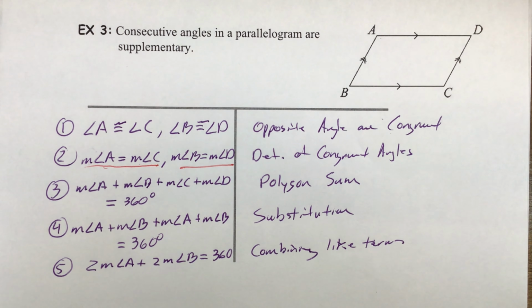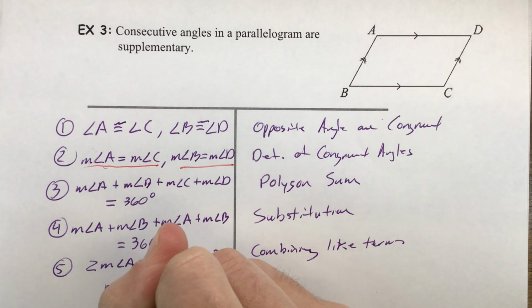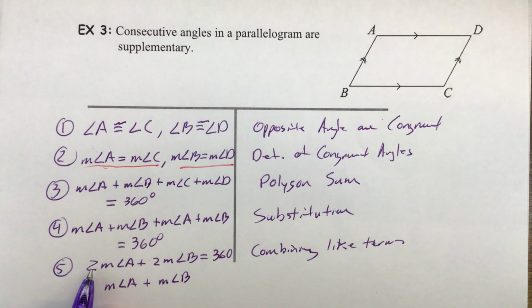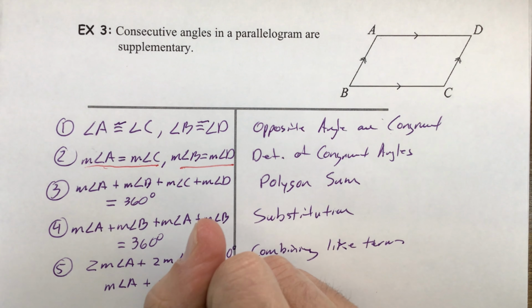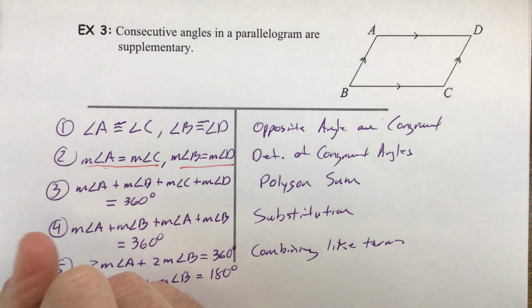All right, and then last, with the tiniest bit of space that I have here, if I divide everything by 2, the measure of angle A plus the measure of angle B, so divide everything by 2, take out the 2's, and even right here, divide that by 2, I get 180. I guess that'd be line 6, I forgot.